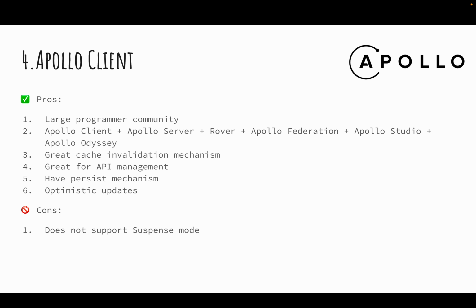So you can have an optimistic update to show the update before it happens. And you also have rollbacks. If the update fails, your UI can roll back to the previous state, to the fallback state.